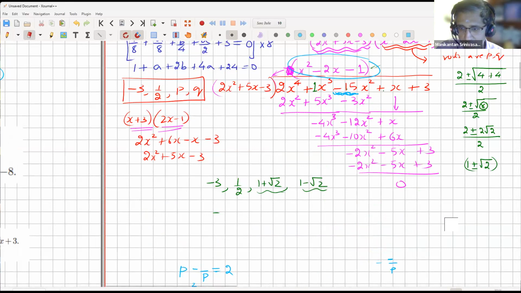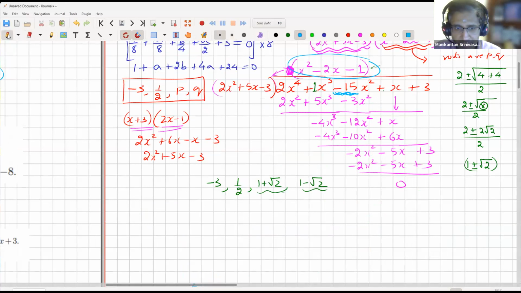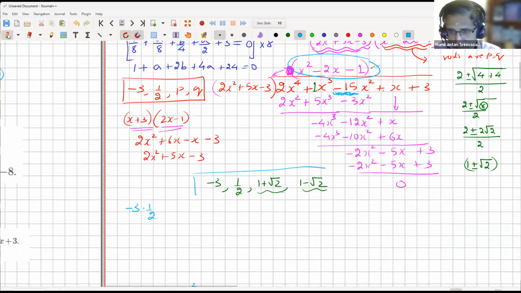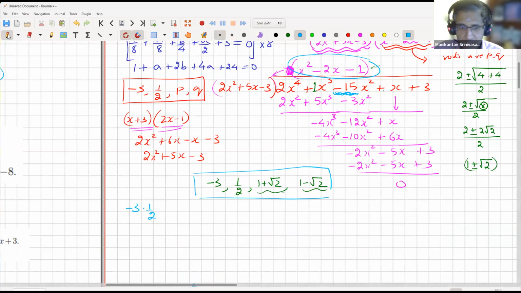Now that I know the roots, the sum of product of roots taken 2 at a time might seem a bit messy, but there are 6 terms. These are the 4 roots here. So -3 into half, and then -3 into 1 plus root 2, and then -3 into 1 minus root 2.